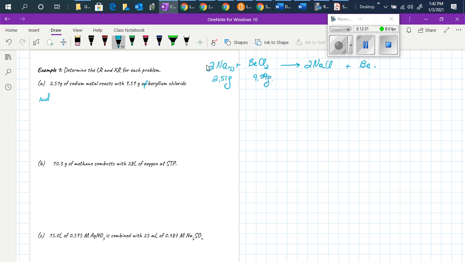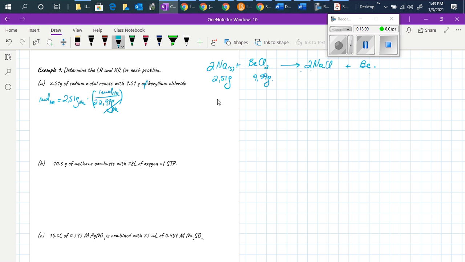So we said that we will identify the moles of each. So moles of sodium, we'll do stoich. So 2.51 grams. The molar mass of sodium is 22.99 grams.